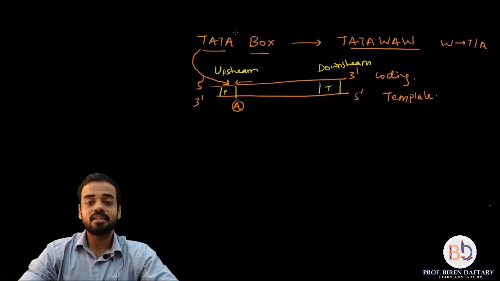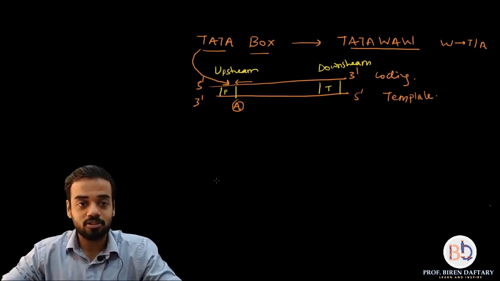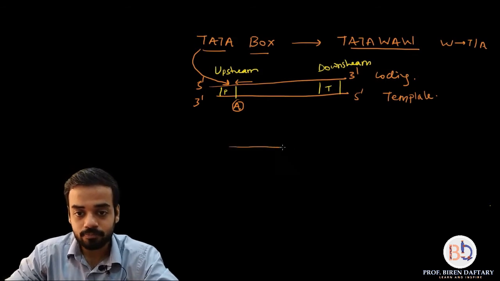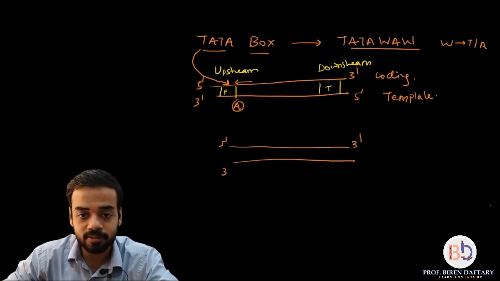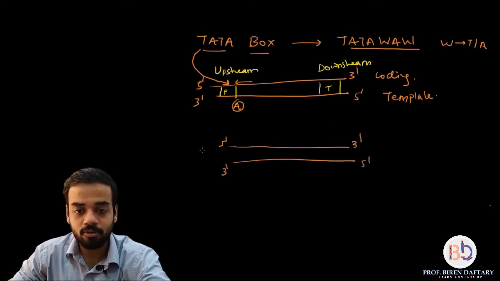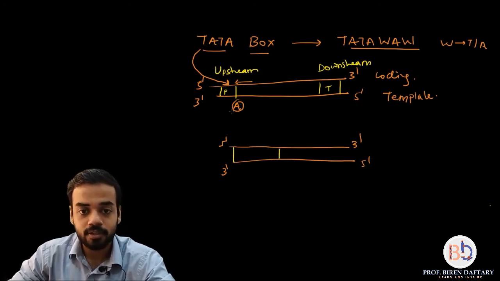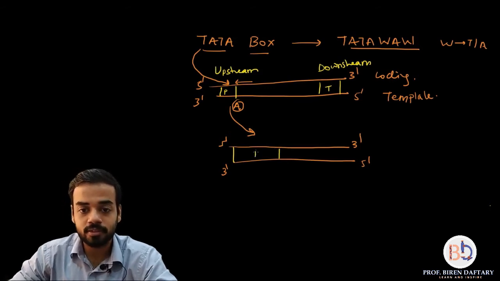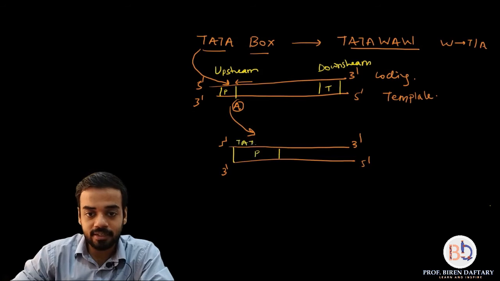Then the other function of the TATA box is, so now let me draw another diagram. This is your DNA, this is the coding strand 5 prime to 3 prime, this is 3 prime to 5 prime, and now I am just magnifying this area. I am just zooming in, and this is your promoter region. Now here the sequence is TATAWAW.